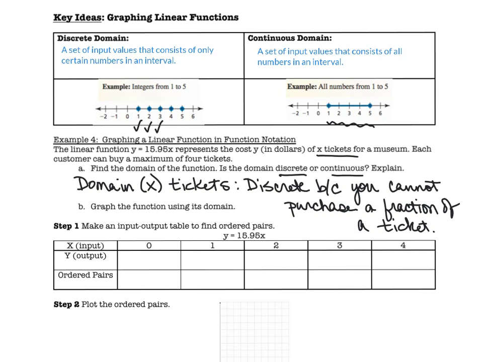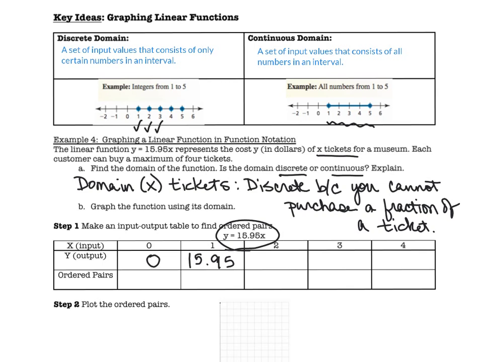All right. Graph the function using its domain. If we're going to use this equation, y equals 15.95x, and we buy 0 tickets, we are going to spend $0. If we purchase 1 ticket, x would be 1. We would multiply that by 15.95. Our cost would be $15.95.